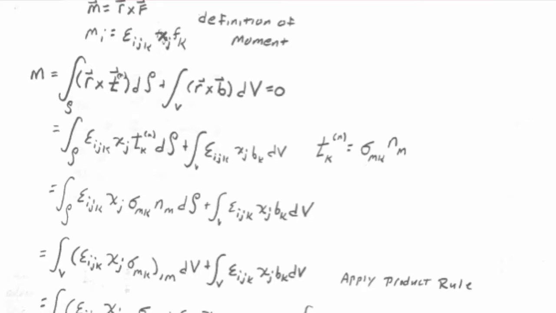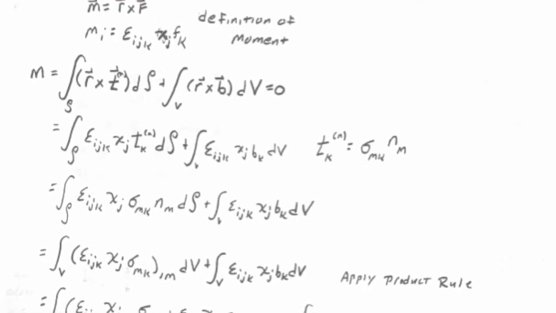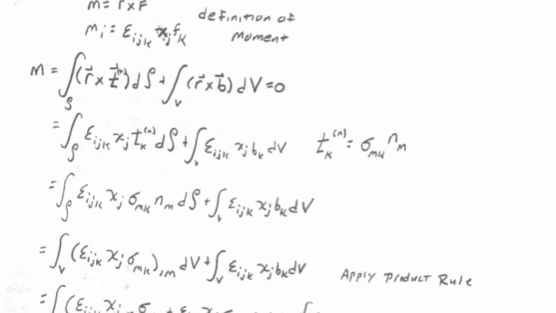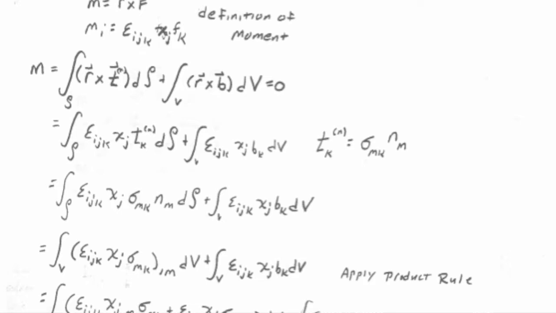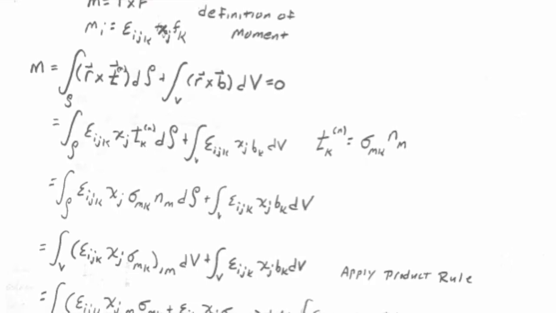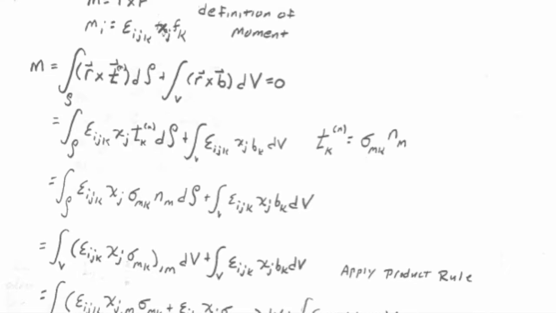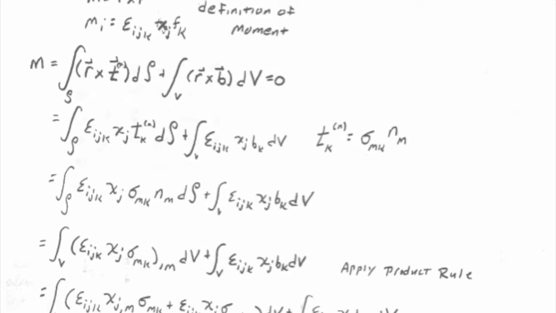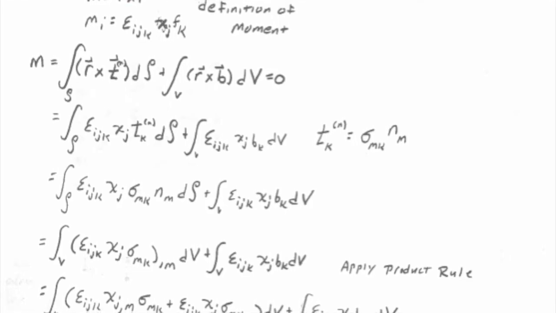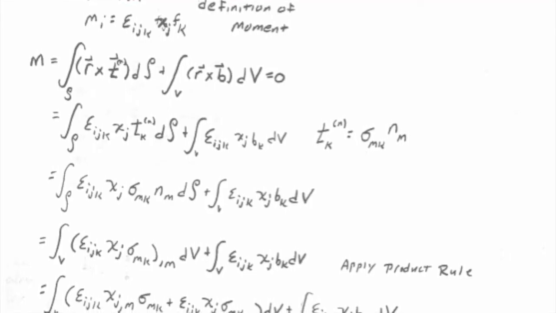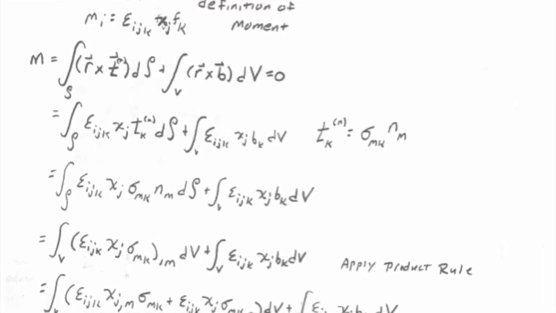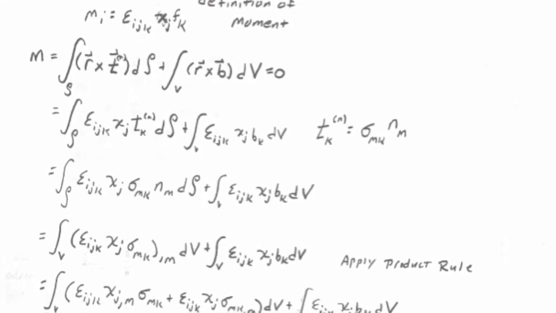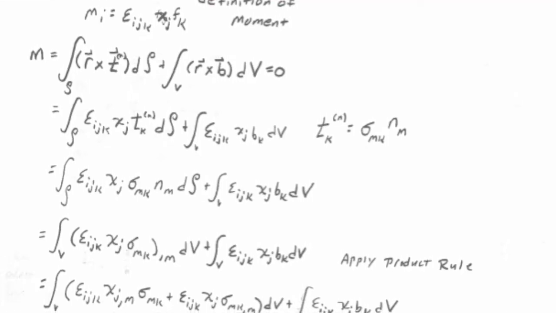Again, we have an integral over the surface, where this is our traction vector, and then we have a volume integral, the same as we had before. I'm going to make a substitution here.